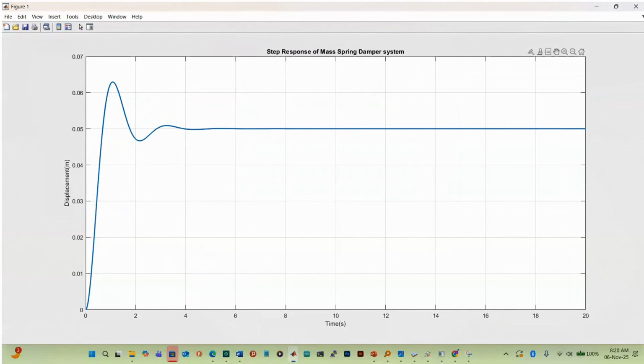What is the steady state value? As we calculated, you can see we calculated it accurately as 0.05. You will see that this is underdamped, in such a way that it first overshoots beyond the steady state value, then it comes back and then stabilizes.